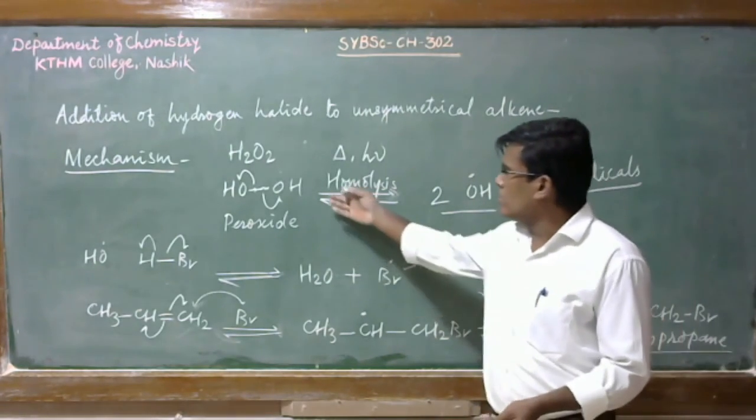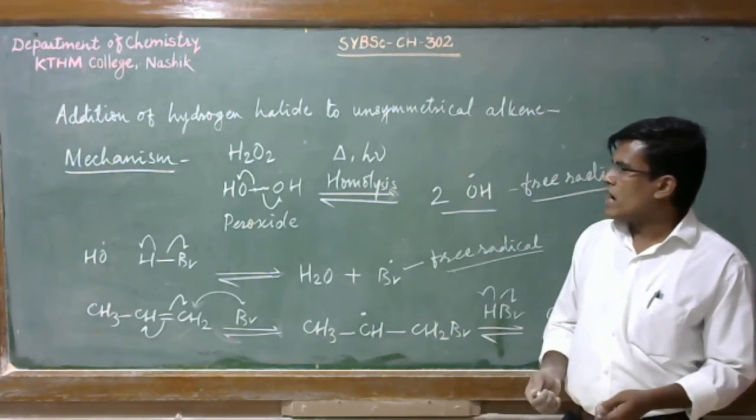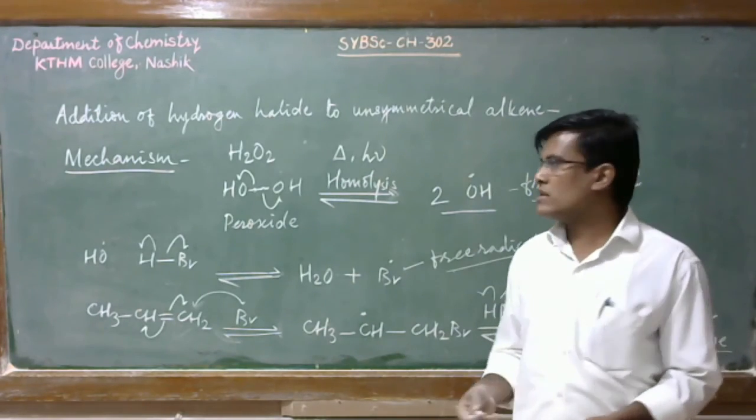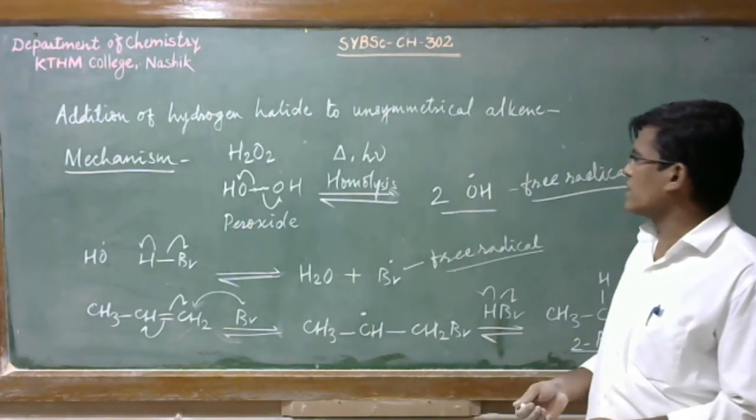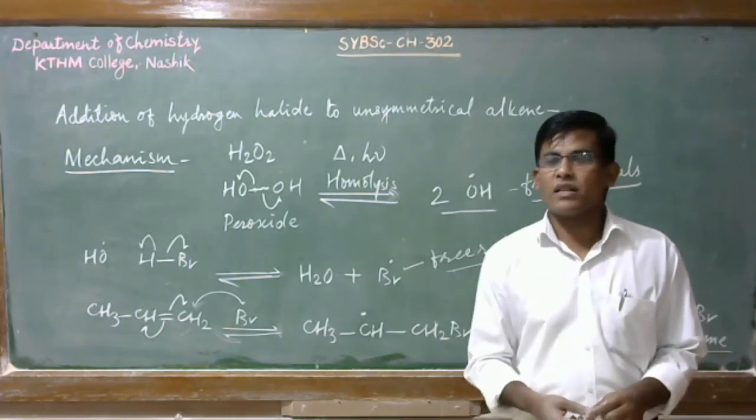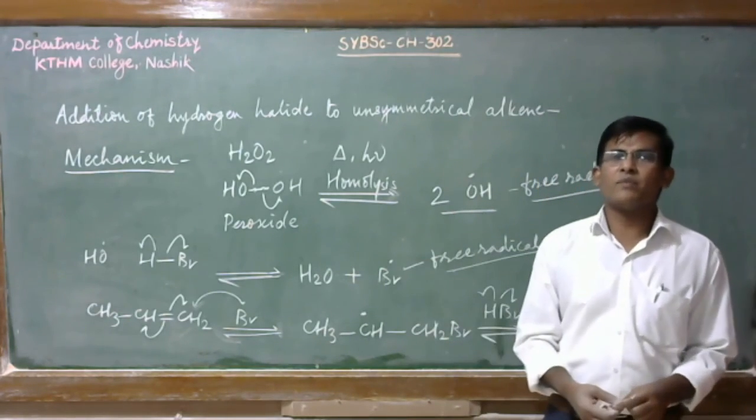So this is how this reaction takes place. First of all, we know the addition of hydrogen halide to an unsymmetrical alkene in the presence of peroxide follows the free radical mechanism.